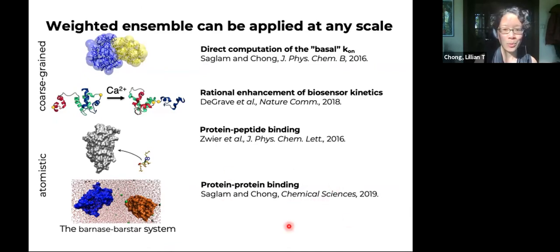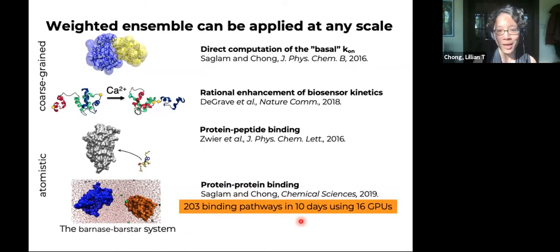And so this is when we were finally able to generate hundreds of pathways for protein binding with fully flexible proteins. And this was done in about 10 days. And these days you could do this in 10 days using 16 GPUs. Okay, so the movie that I showed you earlier was from this work.